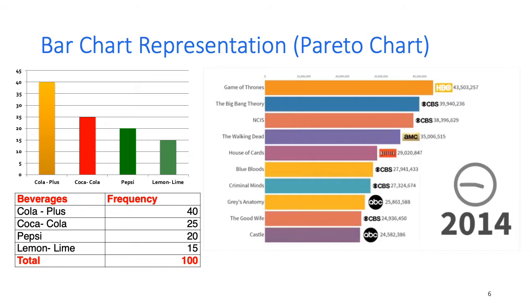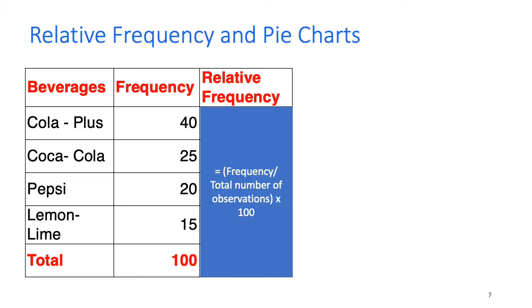All right, what about when we're drawing a pie chart? To draw a pie chart, what we need to do with our frequency table is also show it in terms of relative frequency, or in this case, relative percentage. When you want to go from frequency to relative frequency, all you would have to do is take the frequency in a given class and divide it by the total number of observations.